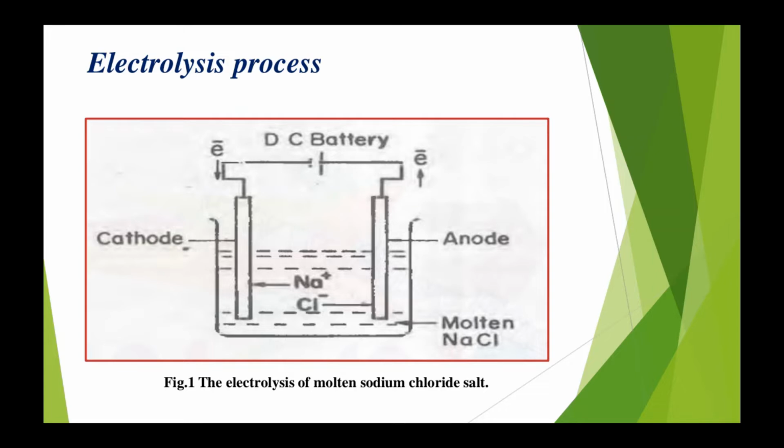Electrons from the battery enter the melt at a cathode, and when the circuit is complete they leave the melt at an anode, returning to the battery. Then sodium ions, that is Na+, from the medium combine with the electrons available at the cathode and produce sodium metal, which accumulates at the cathode region. That is, Na+ plus an electron gives sodium. Thus sodium ions are reduced; a reduction process involves the addition of electrons at the cathode.